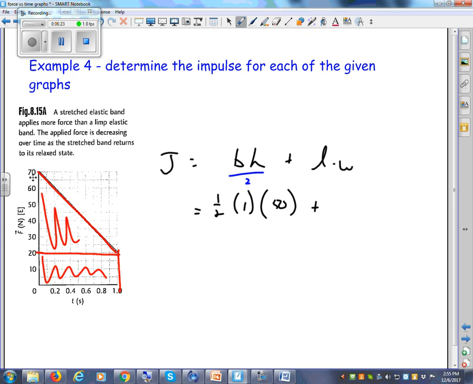Okay, now the area of the triangle is going to be 1 times 50, which is 50, half of that is 25. 1 times 20 is 20, so you should get 45 Newton seconds. So that's all we're doing?